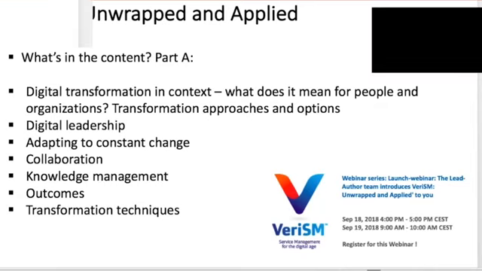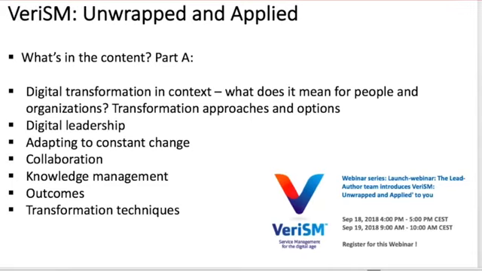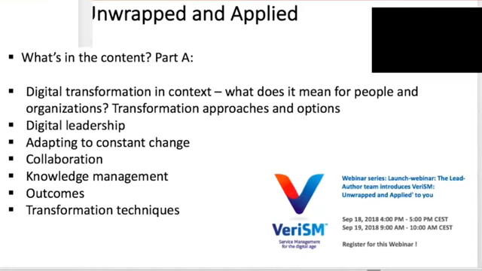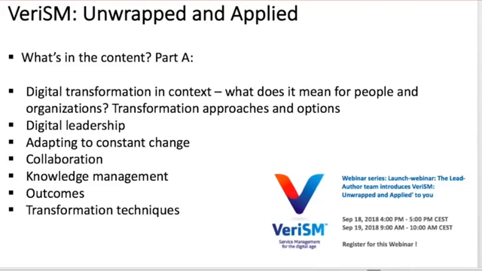The collaboration chapter was mainly authored by a company called Hornbill, a software company who have actually got rid of email within their organisation, and all of their staff are now collaborating using a collaboration platform and using conversation rather than these individual email conversations where everything gets lost.